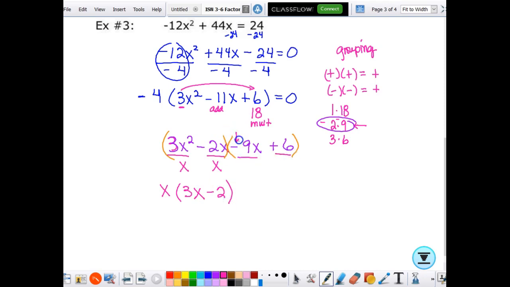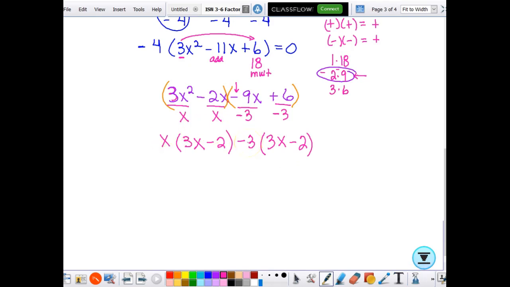This is a negative. Remember, when this third term is a negative, your GCF has to be a negative. So they'll both divide by 3. I get negative 3, and a positive 3 here, and an x. I get a negative 2 here. Okay, so we're about ready to write our answer.